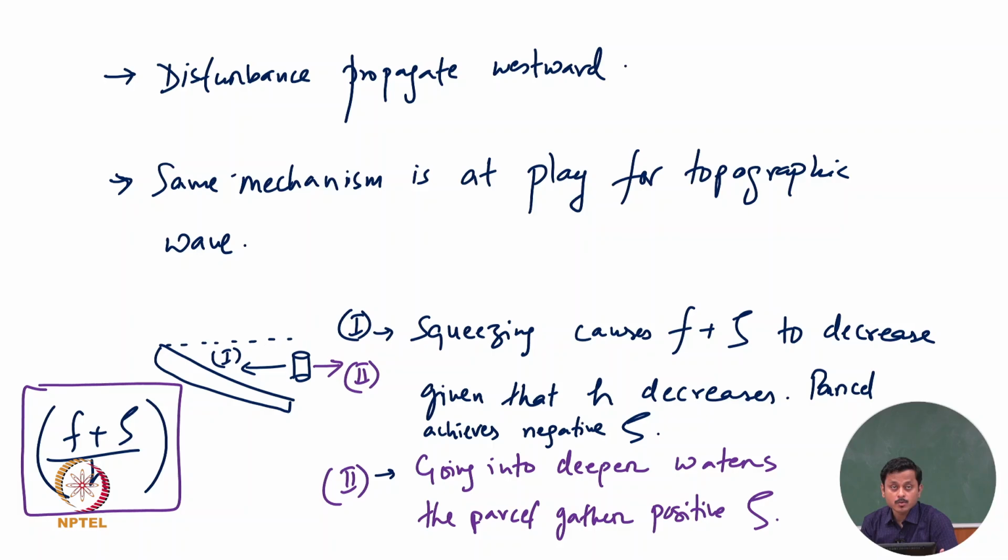This is why we can see topographic waves, which are analogous to Rossby waves, in experiments, because it's easier to change the depth than to change the Coriolis parameter in an experimental setting, which is a pretty difficult task. So because of these analogies, we can create topographic waves, and this gives us an opportunity to study the phenomena of Rossby waves, because the mechanism of generation is similar in both cases. Thank you.